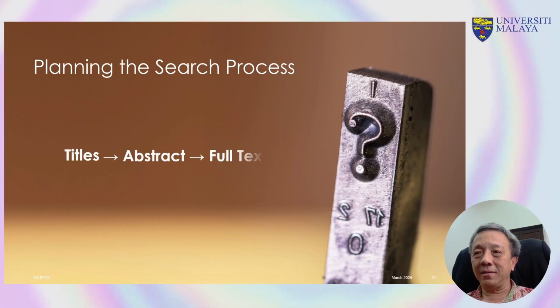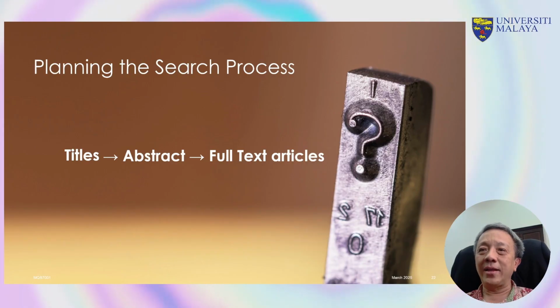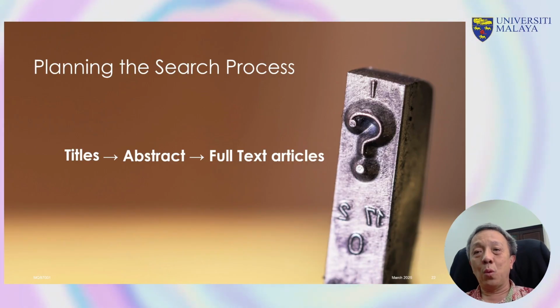We review the title and the abstract, and if we find the title and the abstract are what we want, then we can read the full text. It is important that we always read the full text, because we need to ensure that the data presented in the abstract are consistent with the data presented in the full text.